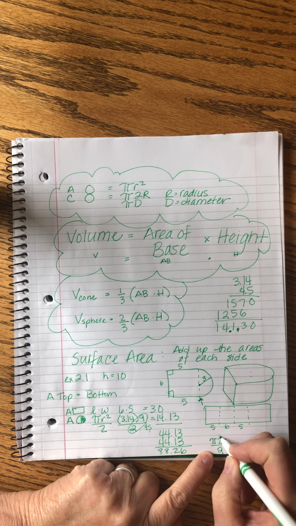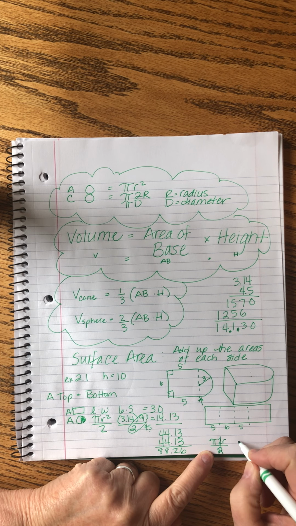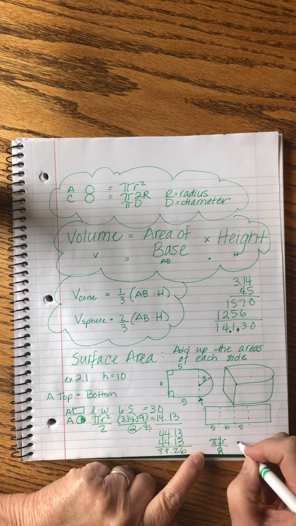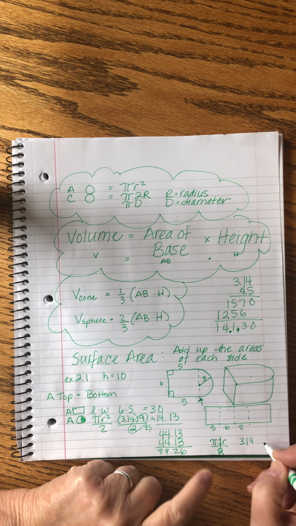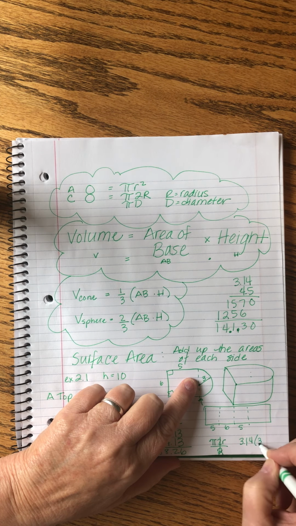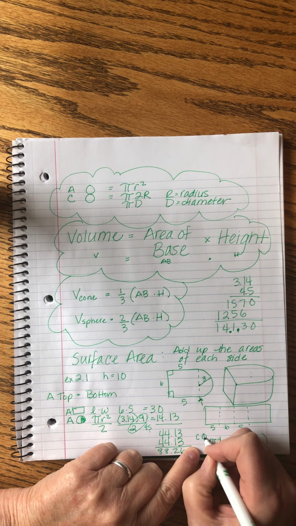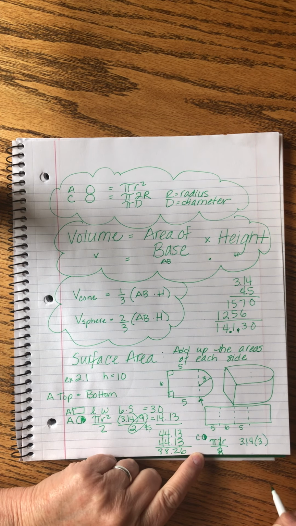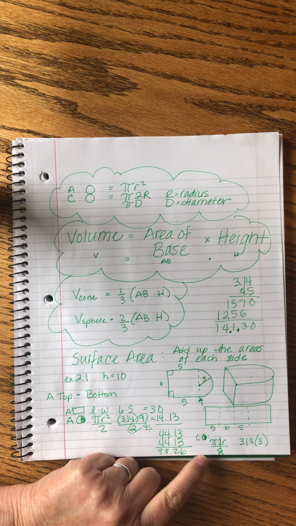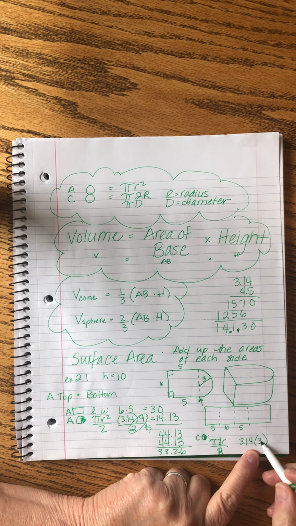Because it's a half circle. Those cancel, so all we have to do is multiply 3.14 times the radius, 3. We're getting the circumference of the half circle here. Right? 3.14 times 3 is going to be the length of this section.